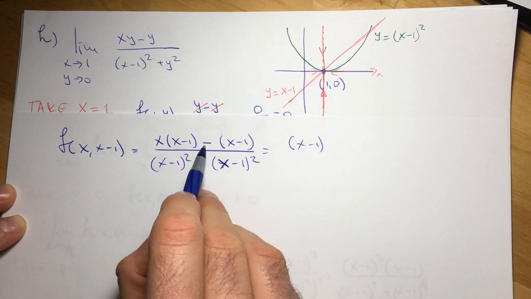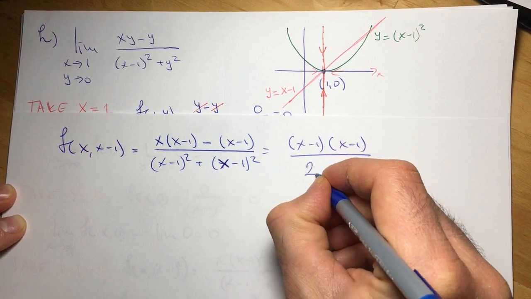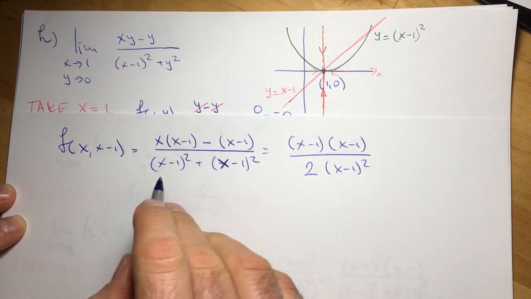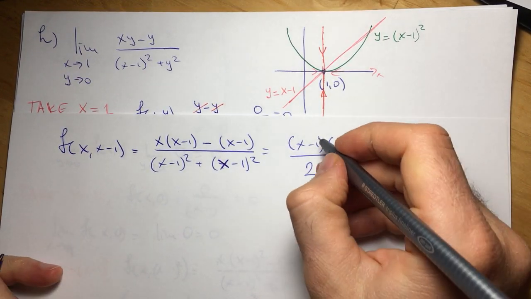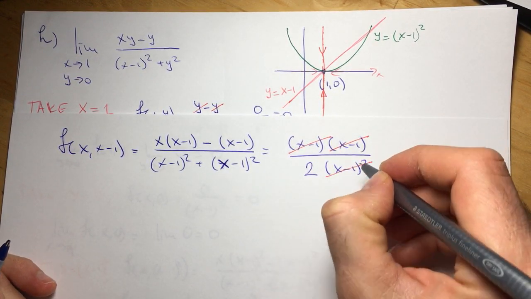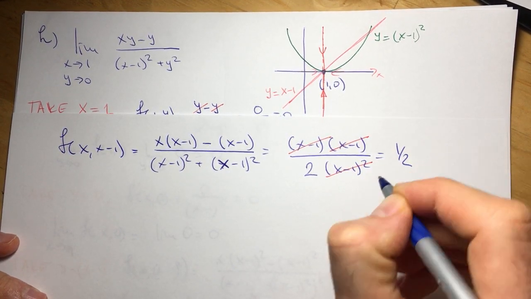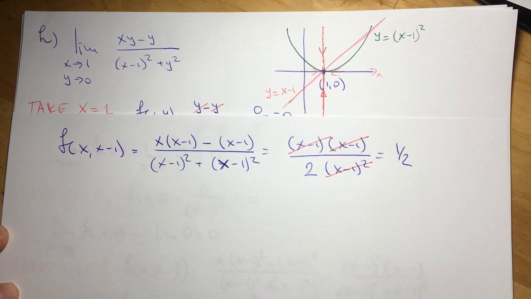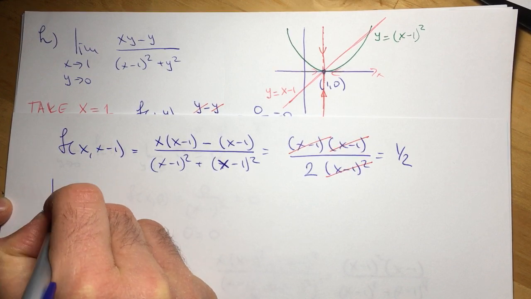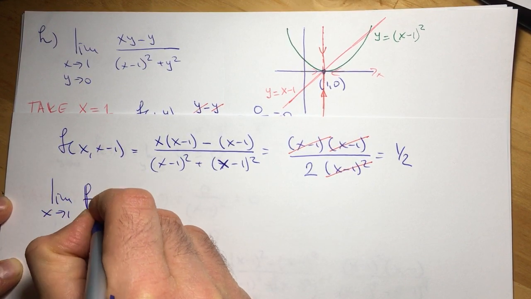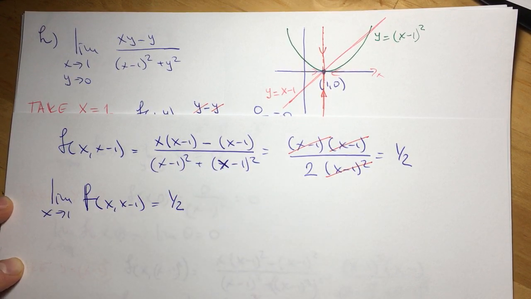I'm left with (x minus 1) over 2 times (x minus 1) squared. (x minus 1) squared plus (x minus 1) squared is 2 times (x minus 1) squared. And now, when we cancel these, I just get 1/2. Okay? And there you go. As x approaches 1, the limit is equal to 1/2.